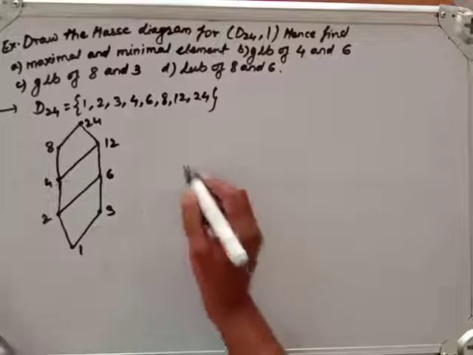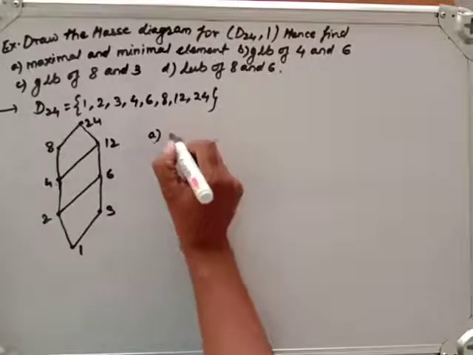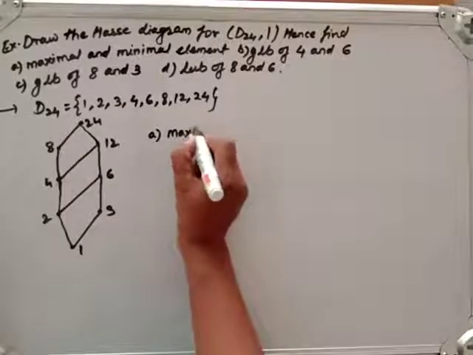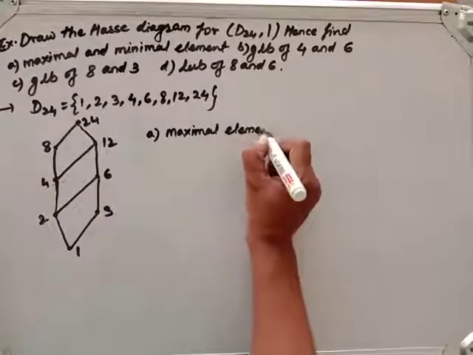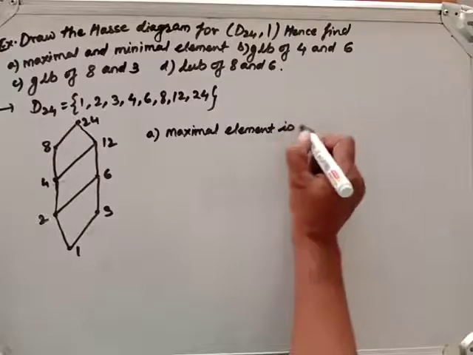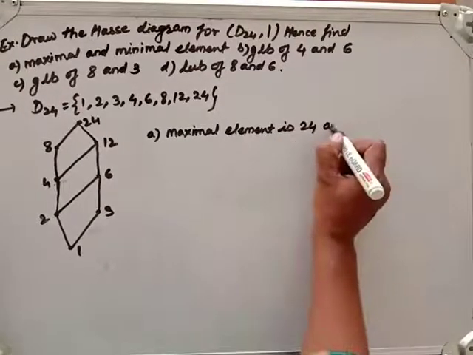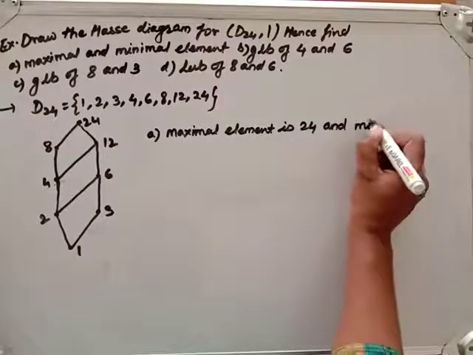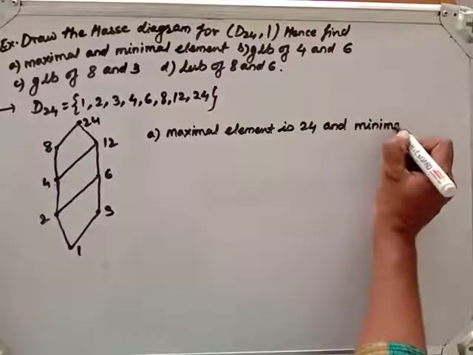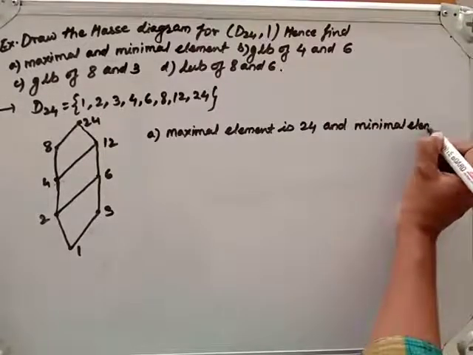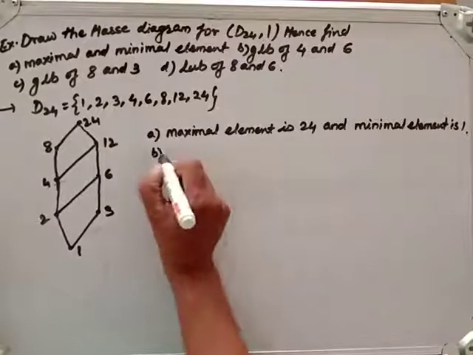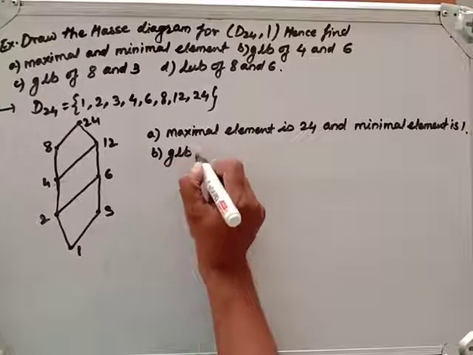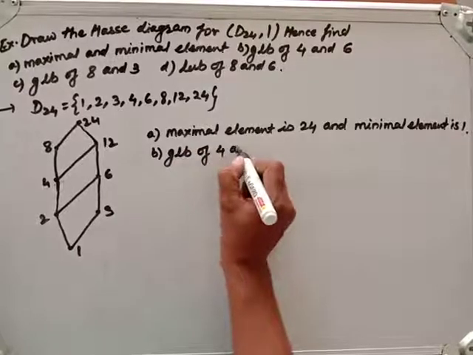Now what are the other things? First one, what are the maximal and minimal elements? The maximal element is 24 and the minimal element is 1. Now second part, the greatest lower bound of 4 and 6.